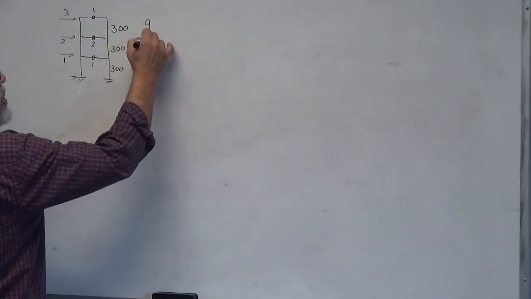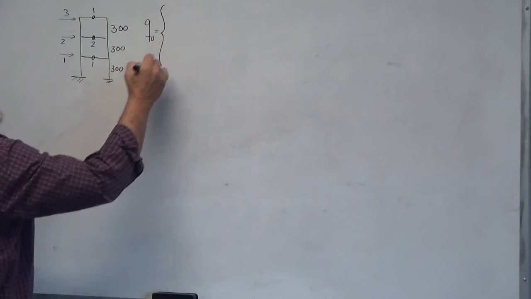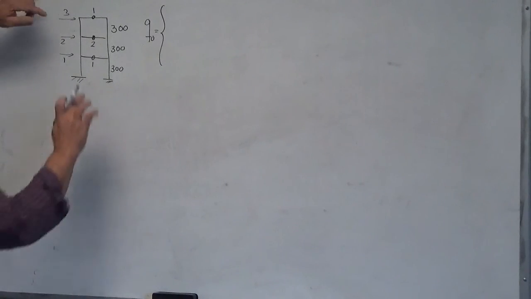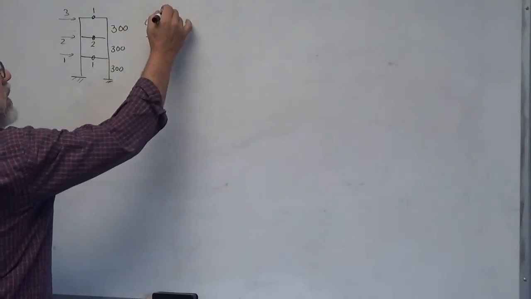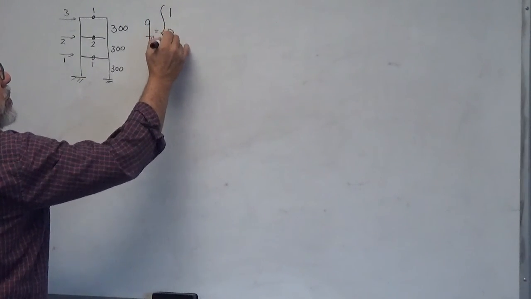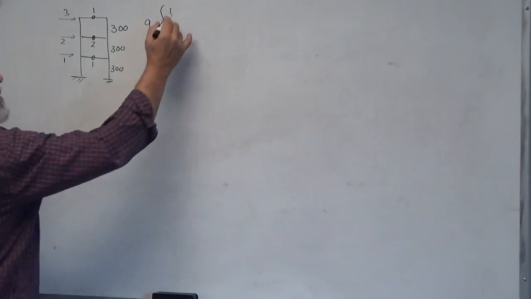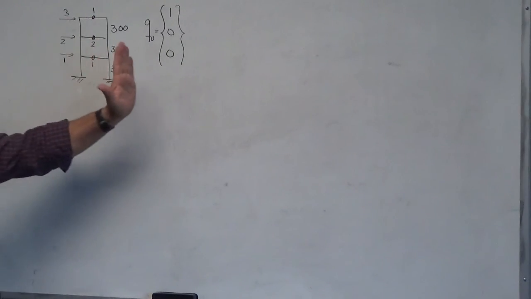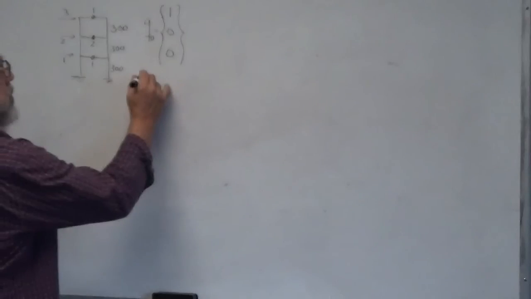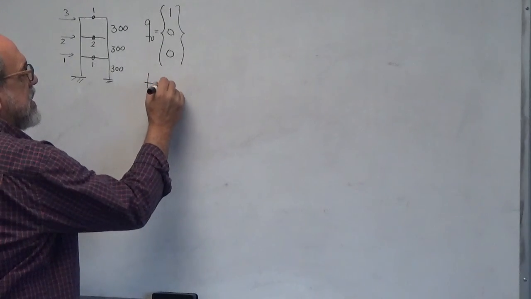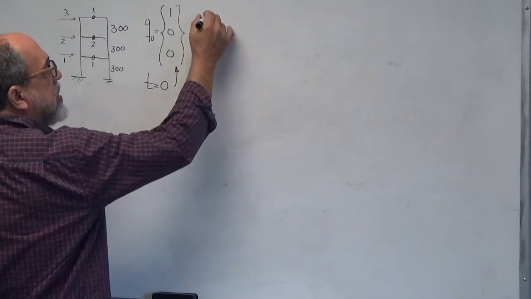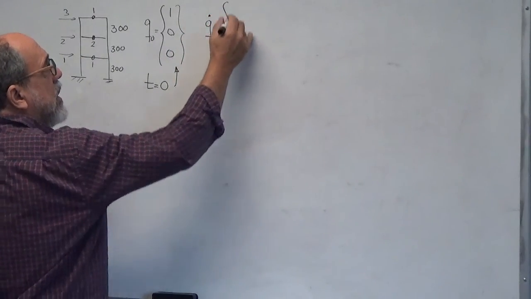And we have an initial condition where the first floor has a displacement of 1 and the other 2 floors have a displacement of 0. We want to know the vibration of this building for time after t equal to 0, if at t equal to 0 these are the displacements, and the velocities, because they are needed also, are 0.